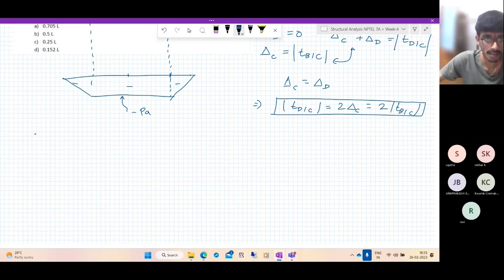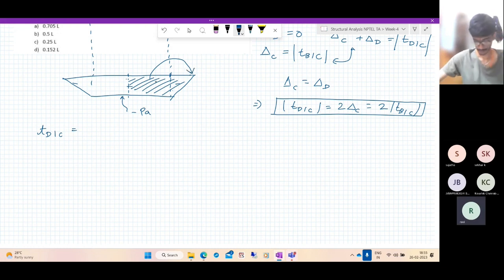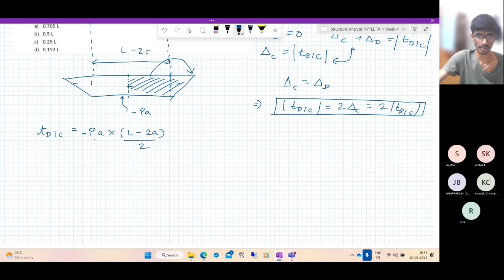So TD with respect to C is the moment of this entire region above this point. Let us split it up into one rectangle and a triangle. So what is the area of the rectangle? Area of the rectangle is minus PA into L minus 2A by 2, the distance over which it acts.